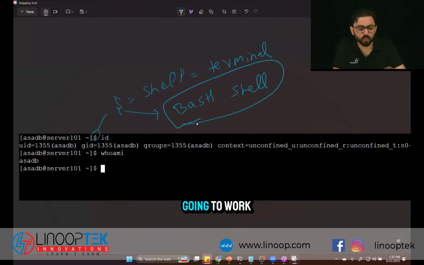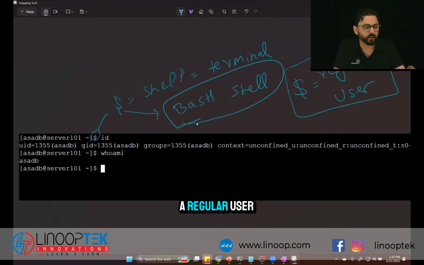You're most likely going to work with the bash shell. The $ means you are a regular user. Regular user means you do not have admin powers. You are just a regular user logged into this system. So $ means you are on a bash shell as a regular user.